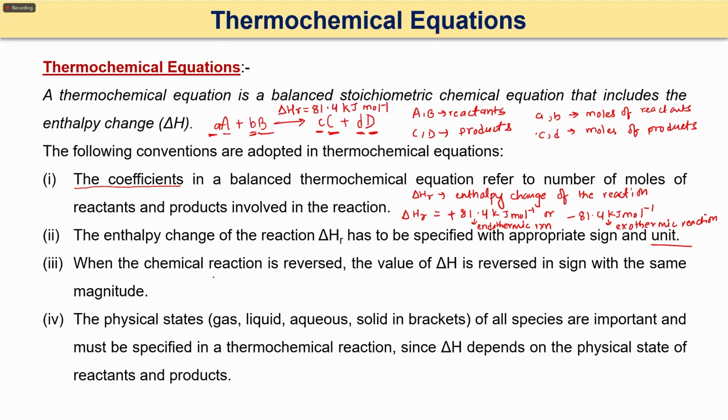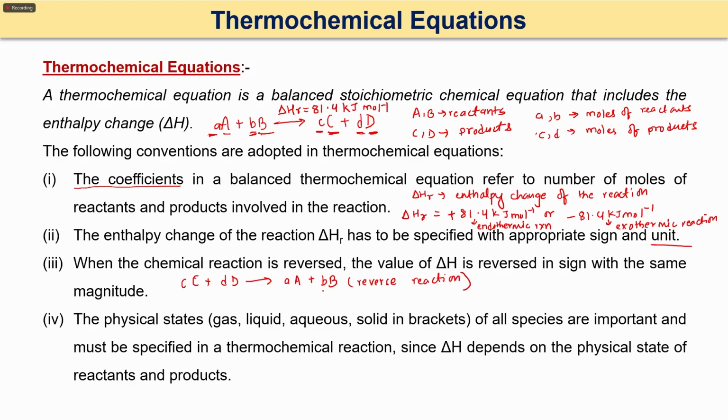Now if we reverse the reaction, let's say c moles of C and d moles of D react together to give a moles of A and b moles of B. This is the reverse reaction.